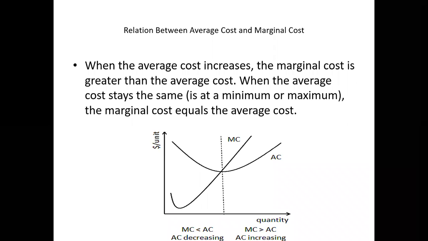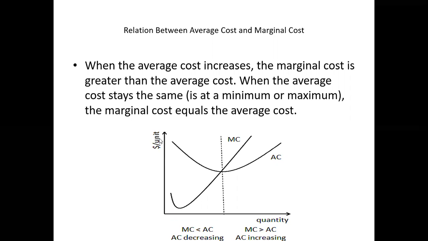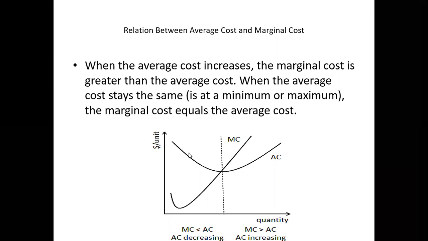So this is our average cost. This is our marginal cost. So here what happened? Average cost is decreasing. Correct. So what is the relation?